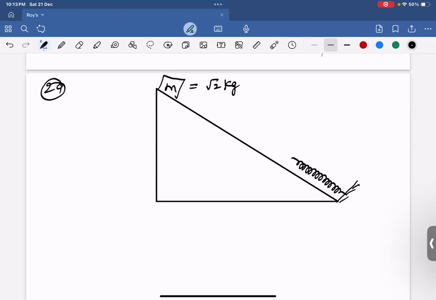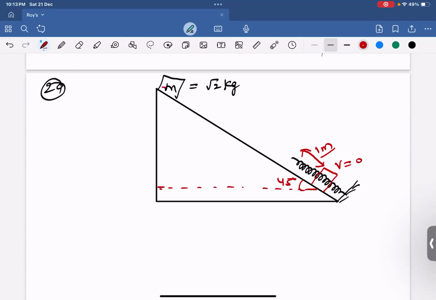And the block comes to rest after compressing the spring by 1 meter. Okay, let's suppose the block comes up to this much distance and then it stops. So this, I think, is given as 1 meter. The compression in the spring is given 1 meter, and then the block comes to rest. Where it comes to rest, that I'll take as the reference line. The angle is given as 45 degrees.